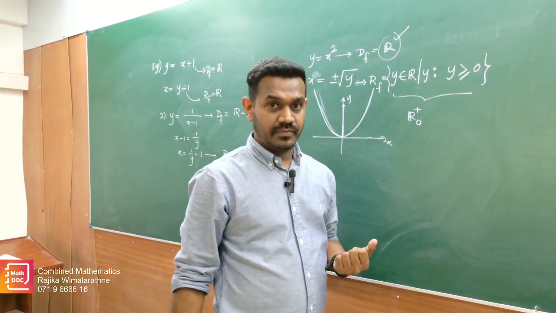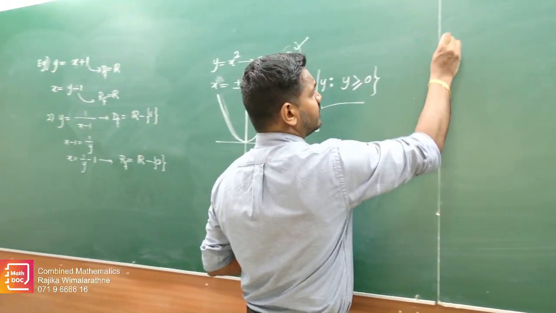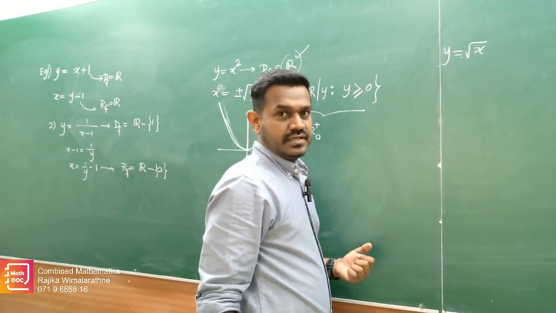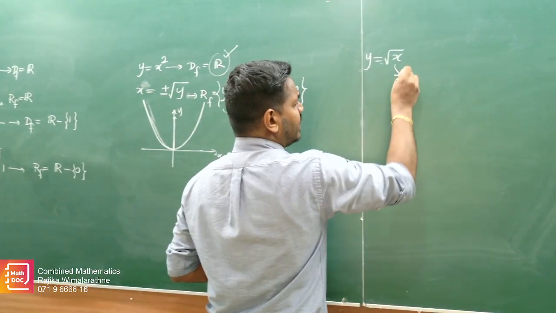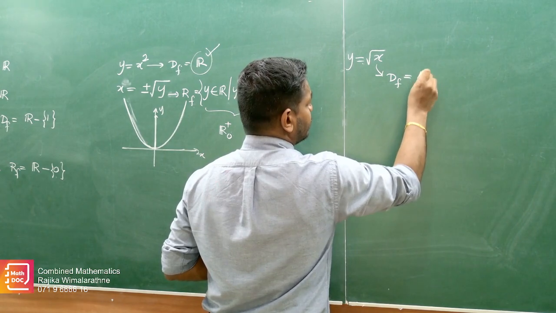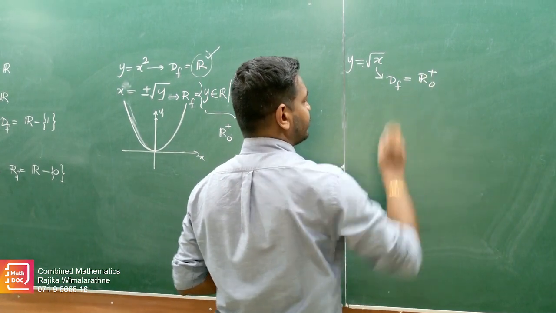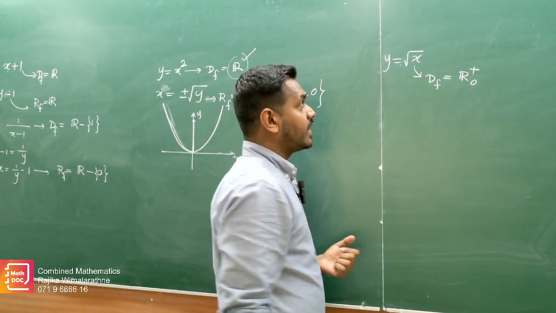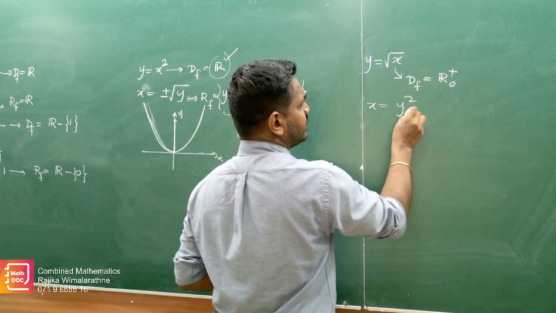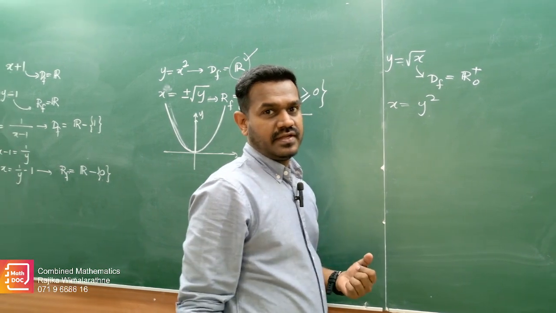Let's do one more example. Consider y equals root x. Here the domain, the possible x values, means positive real values and 0. This is the domain. Now you subject x: x equals y squared.